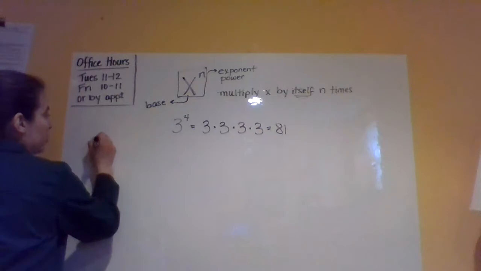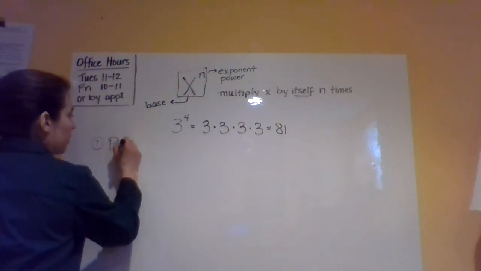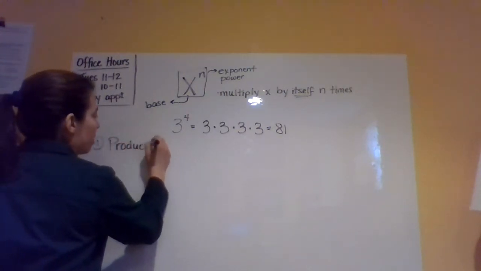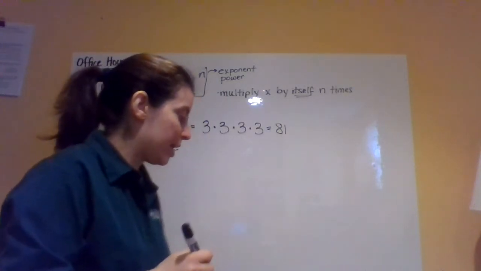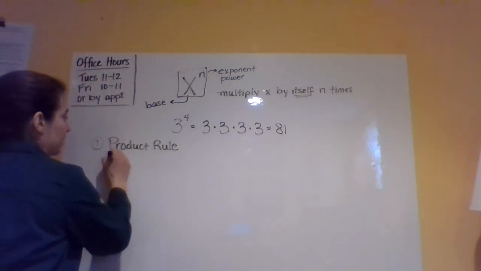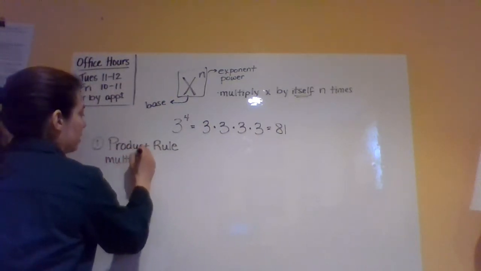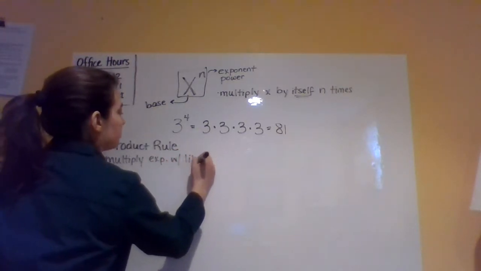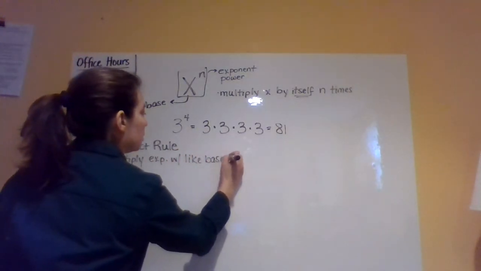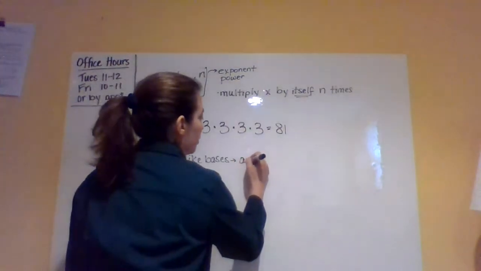So number 1 is called the product rule. And as you can see, the product rule says that when we multiply expressions with like bases, we add the exponents.